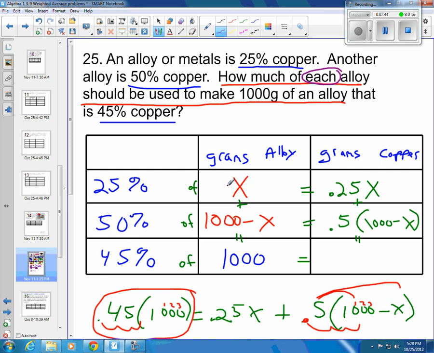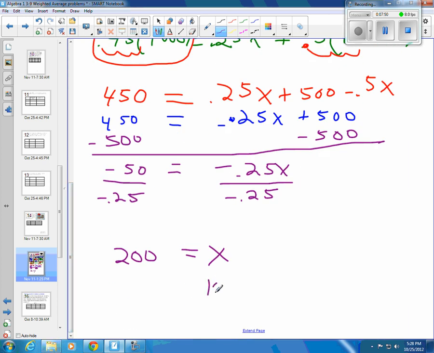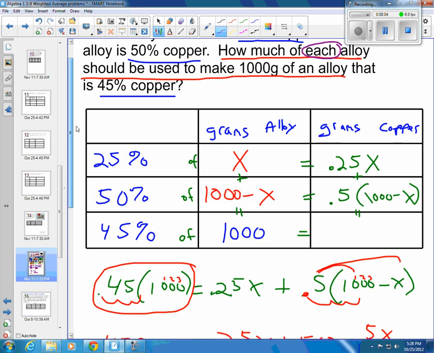So x is 200, but as our question asks, we want to know how much each alloy should use. So the 25% is x. We need the 50% also, so we need 1,000 minus x. So 1,000 minus x would be the same thing as 1,000 minus 200, and so that's going to be 800. So that's well and good. We've got our 200 and we've got our 800, but what is that? Well, those are grams of the different mixtures.